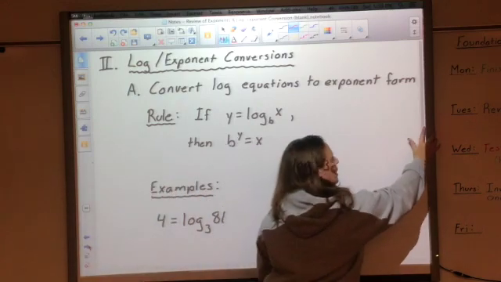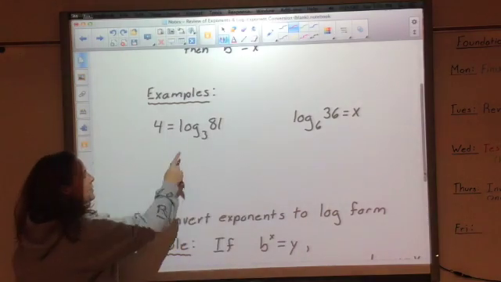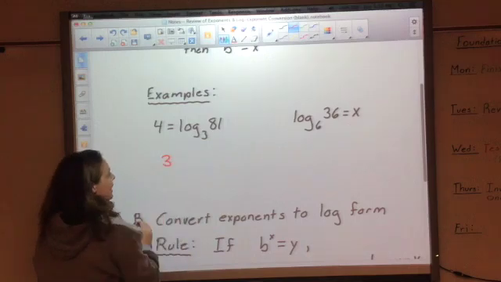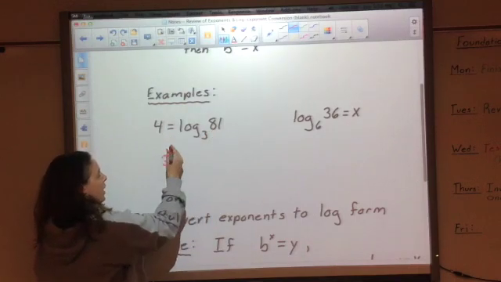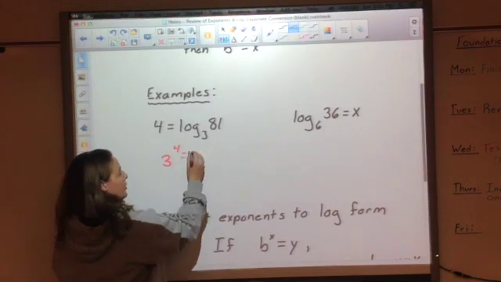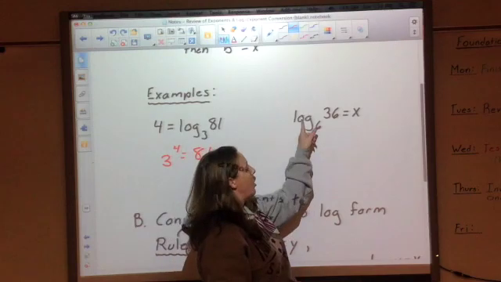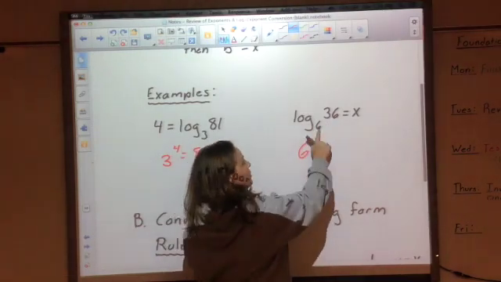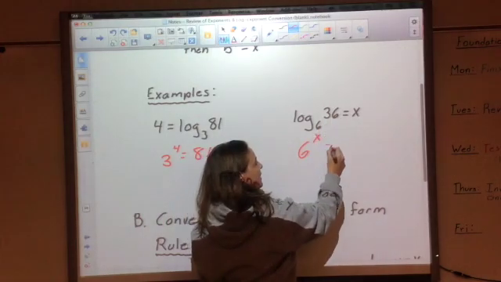Okay? So if we look at a couple examples with that, using our rule, this is log base 3 of 81. Therefore, we know that our base is 3, but instead of it being 3 to the 81st power, it's 3 to the 4th power, equals 81. And then likewise over here, log base 6 of 36, our base is 6, so 6 to the x power equals 36.